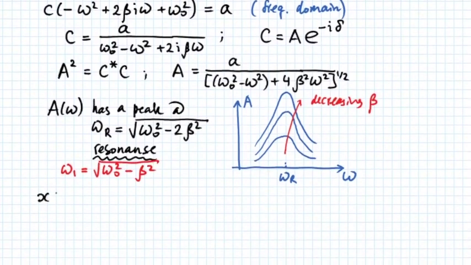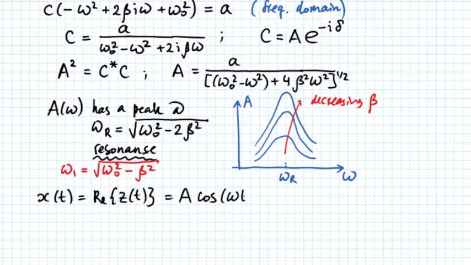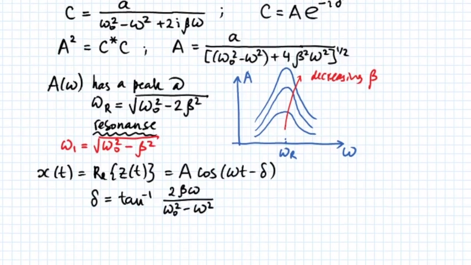The solution itself we'll write as the real part of z, which is given by A times cosine of omega t minus delta. Delta itself is easily found to be arctangent of 2 beta omega divided by omega naught squared minus omega squared.